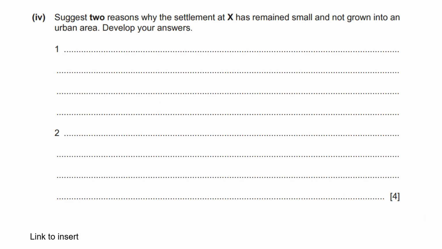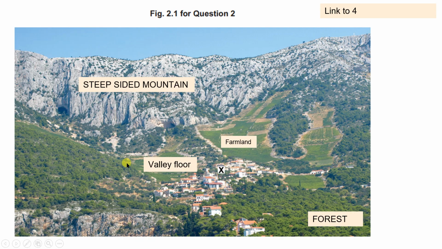Next, they said suggest two reasons why the settlement at X has remained small and not grown into an urban area, and you need to develop your answer. If you look at this settlement, you find out that there is no space for expansion.